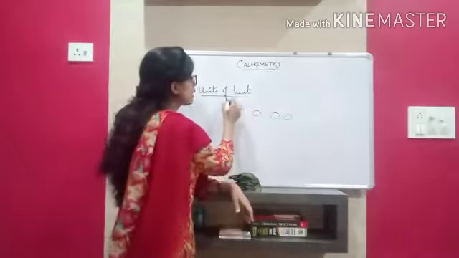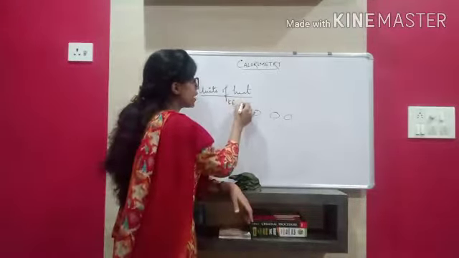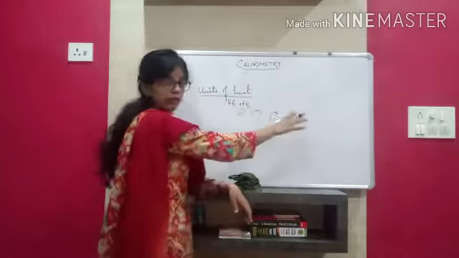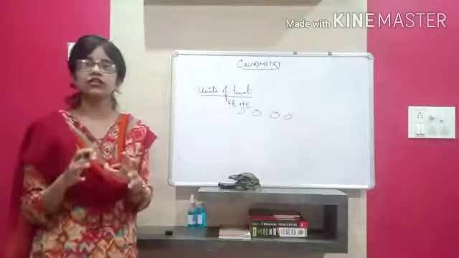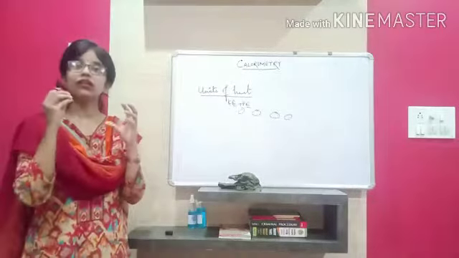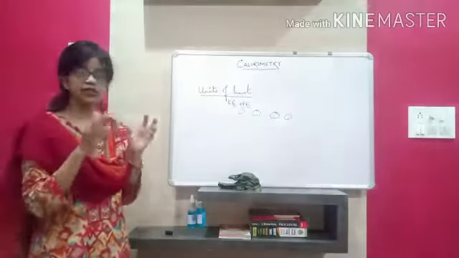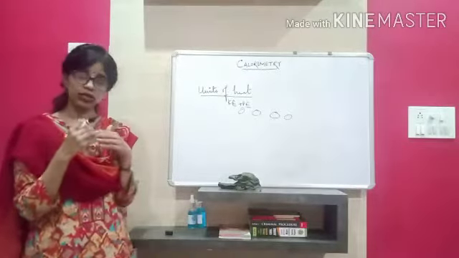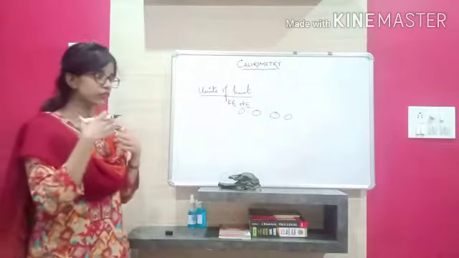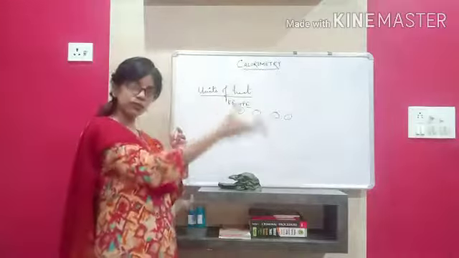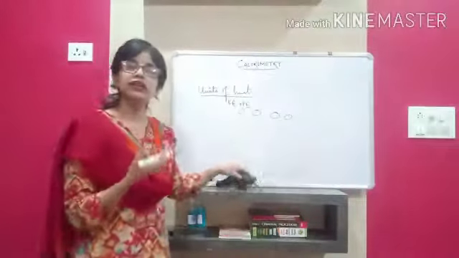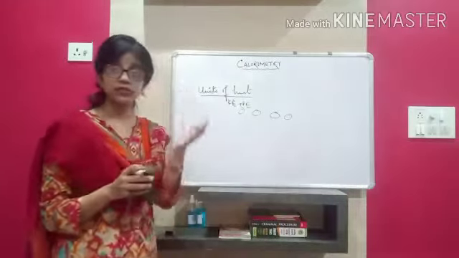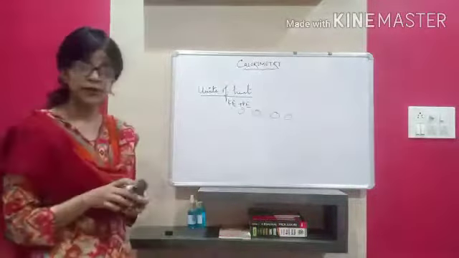All molecules will have their kinetic energy and potential energy, and the total sum of the kinetic energy and potential energy will be the total internal energy. The amount of total internal energy that transfers from one body to the other body is known as heat. Clear? Now let us move on to our next topic, that is temperature.